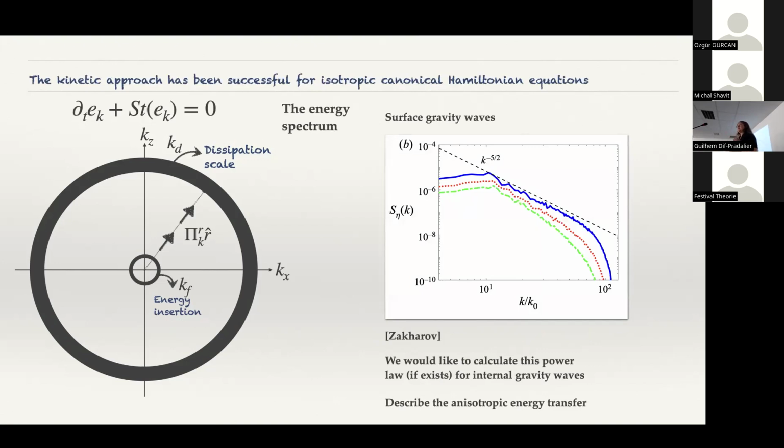It was very successful, like for the Schrödinger equation. In some cases it was more or less successful, like for weak interactions of surface gravity waves.